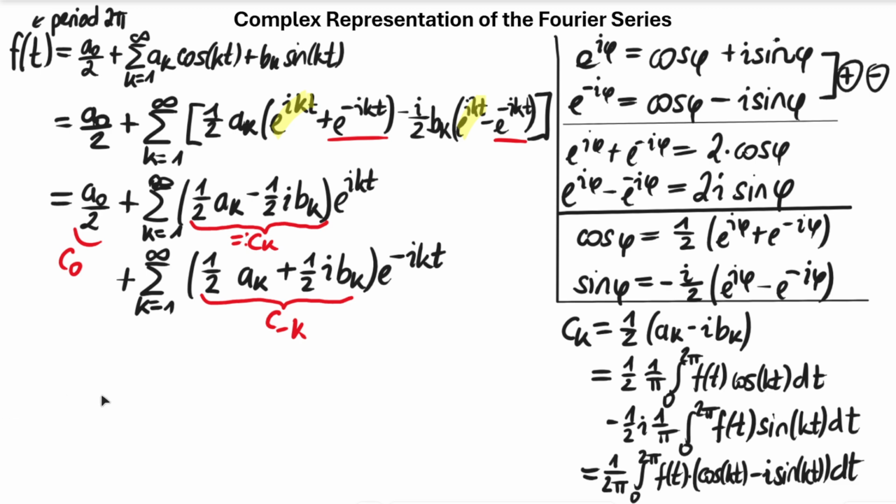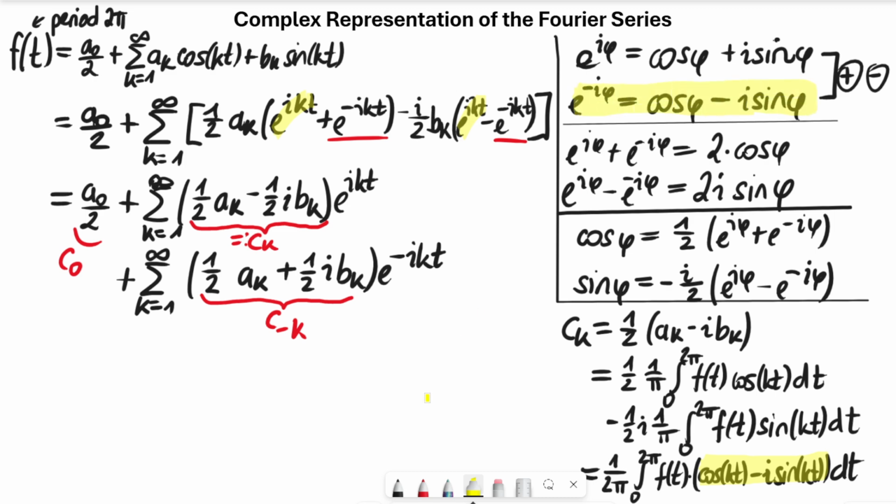So now we can write it in a simpler form, because what do we have here? This cosine kt minus i times sine kt. I can use Euler's formula once again, the corresponding one with the negative sign, so it was the second one here.